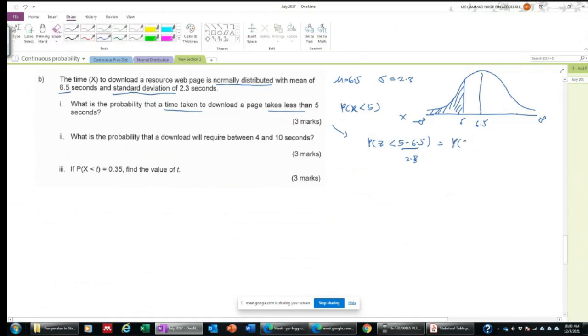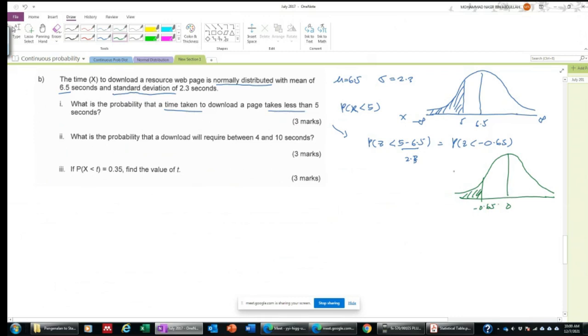Equal to probability of Z less than negative 0.65, right? So probability of Z less than negative 0.65, if we look at the Z distribution, is still on the left hand side. So this is 0, negative 0.65.